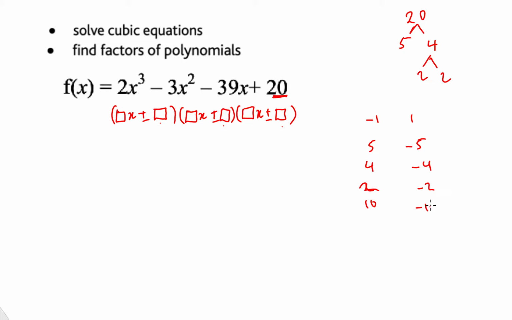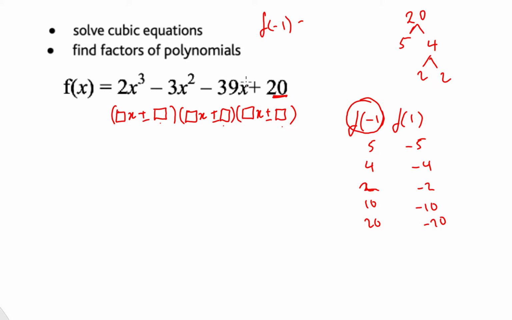There's obviously 10 and -10, and then 20 and -20. What we're going to do now is try f of those numbers, because by the factor theorem, let's take this case as an example. If we find that f of -1 equals 0, then we know that x plus 1 is a factor, and then we can work from there. We can divide that factor into this cubic, and then we can work from there.